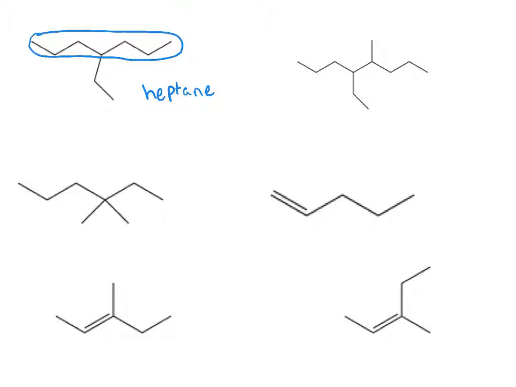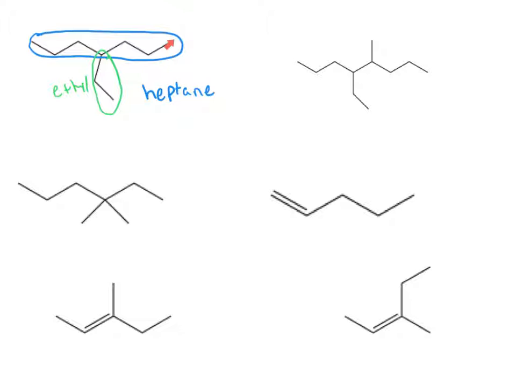We now need to name our substituent. Our substituent is right here. It consists of 2 carbons. Therefore, it is an ethyl substituent. And we can see that it's coming off the 4th carbon. Note that it is the 4th carbon from either direction.